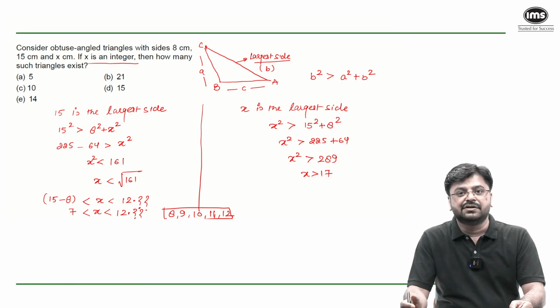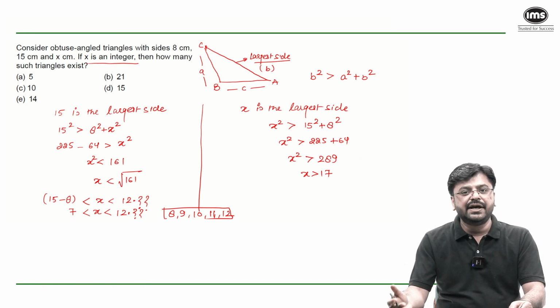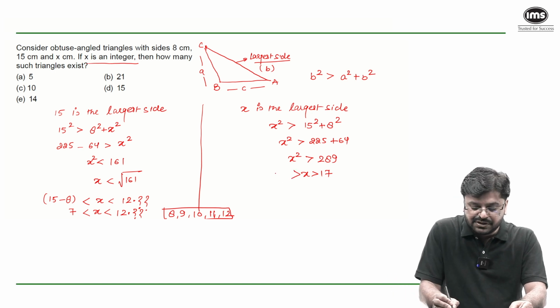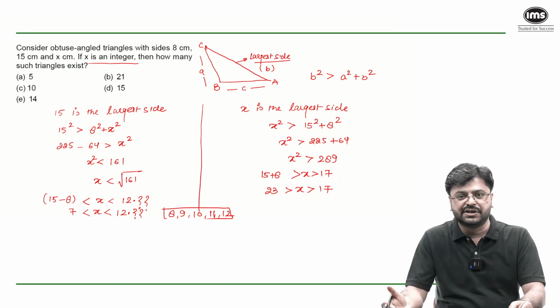But again, there should be an upper limit, and we also know that for any triangle, sum of any two sides should be greater than the third side, which means this x should be less than 15 plus 8. So x here lies between 17 to 23, excluding these.